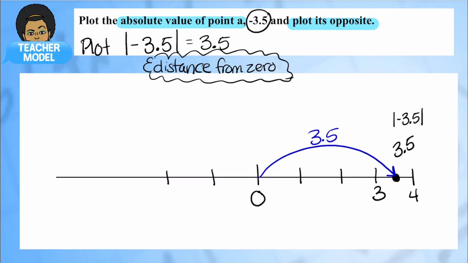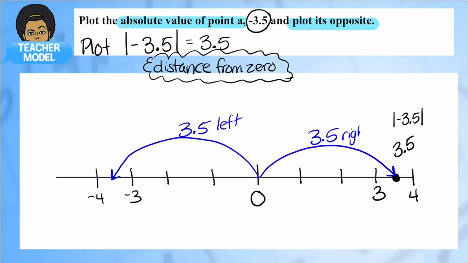Negative 1, negative 2, negative 3, negative 4. I'm moving right to left to help you out. And so where does that leave us? That leaves us at negative 3 and 5/10. So those are its opposites. There we go. We've not only plotted an absolute value of a point, but we've plotted its opposite.